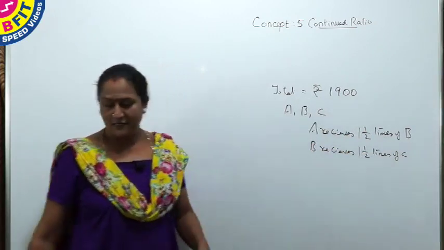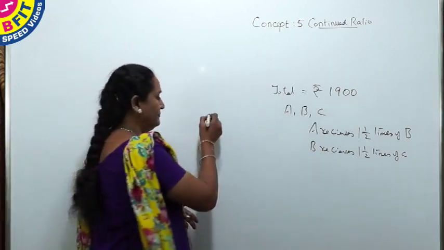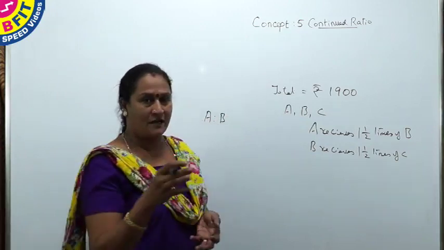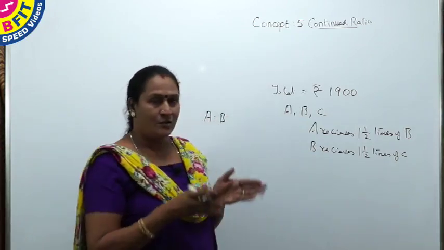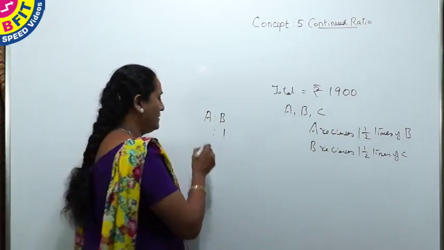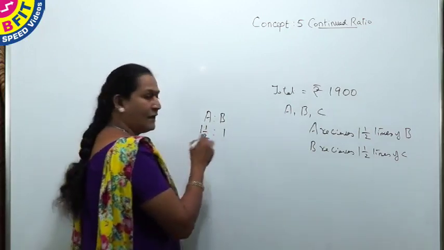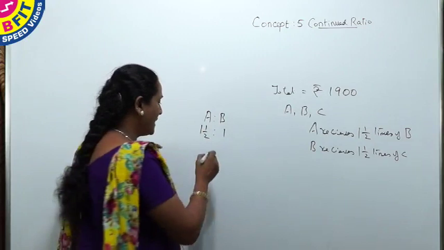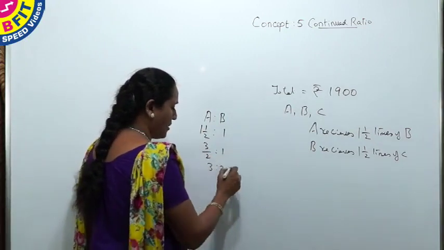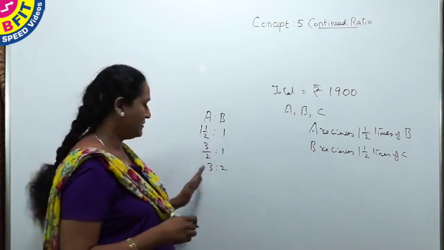So the detail given here is A receives 1.5 times of B. So B mentioned here is the base, and A gets 1.5 times of B. Now this can be written as 3/2:1, or the ratio for A and B is 3:2.